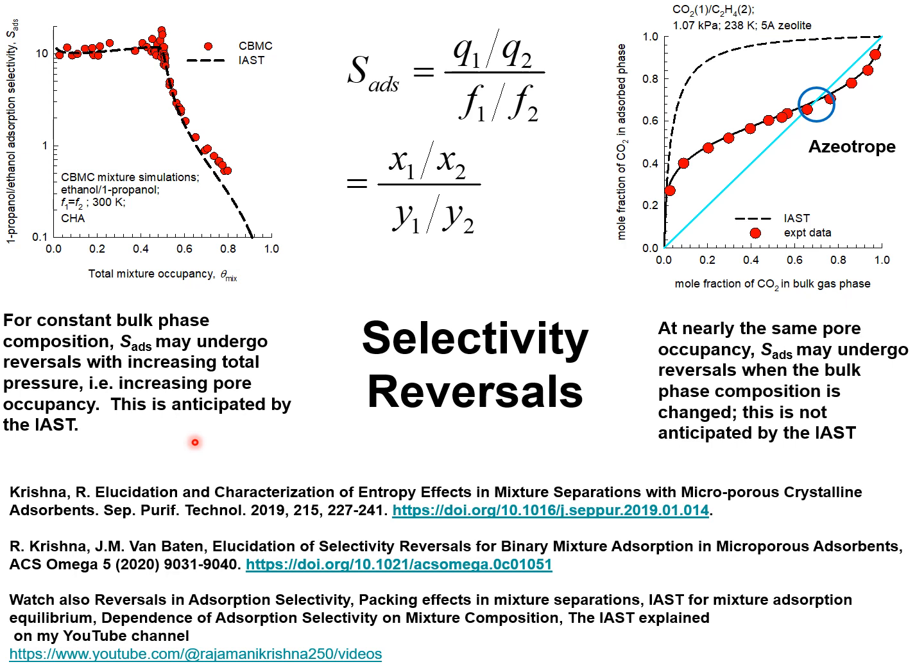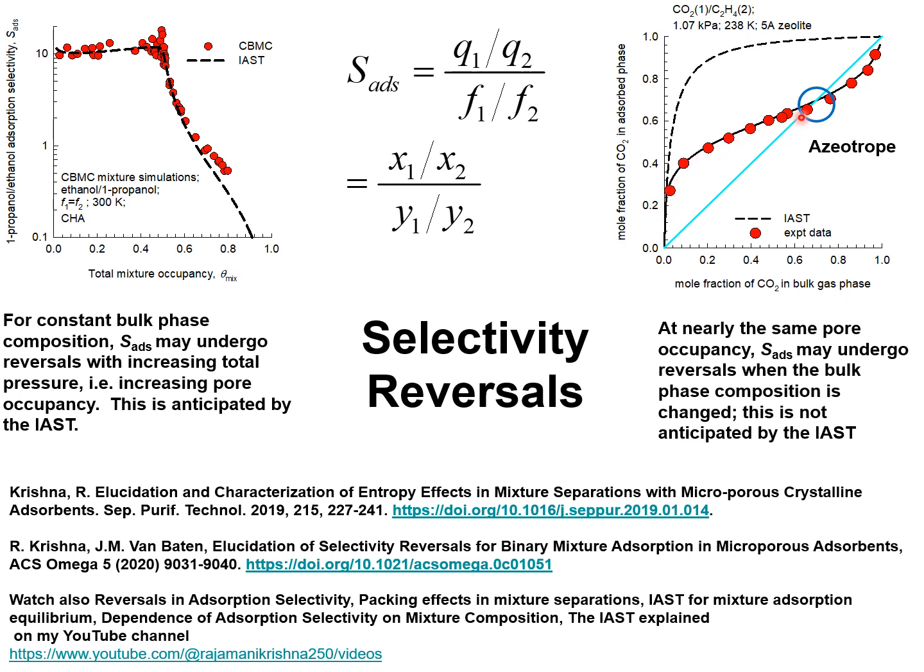In a different class of selectivity reversals, shown on the right hand side as an example, is that experienced for mixtures of CO2 and ethylene in 5A zeolite at a temperature of 238 Kelvin.